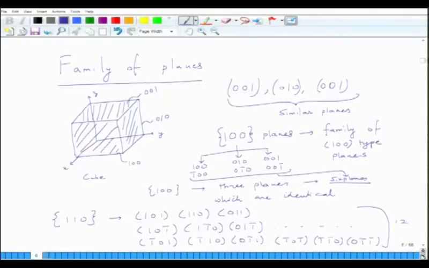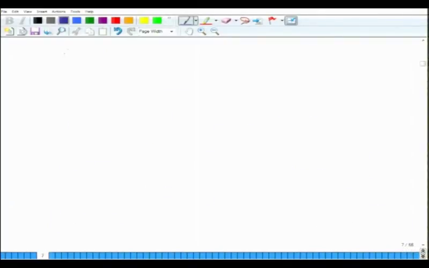Okay. Similarly, if you go to HHH, which is nothing but let us say 1 1 1 kind of plane.